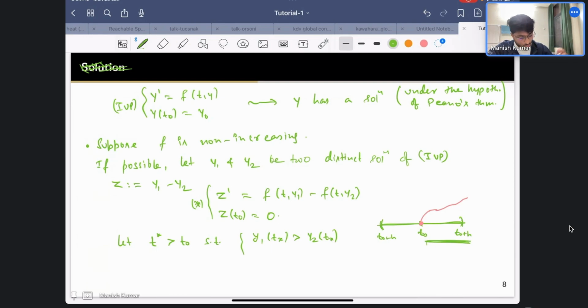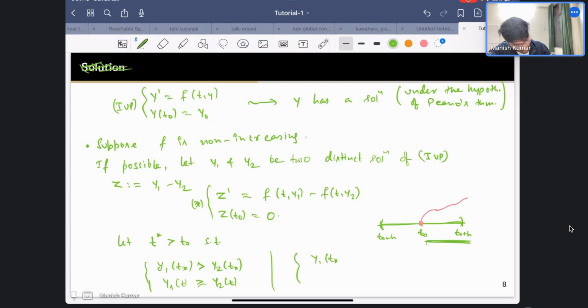Or the other way around, so you can take any of the cases. Let me write both cases: either consider t star with this property and y1(t) is greater than or equal to y2(t), or consider y1(t star) less than y2(t star) and y1(t) less than or equal to y2(t).